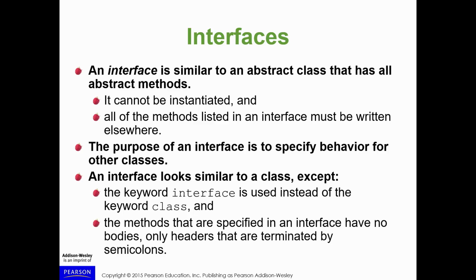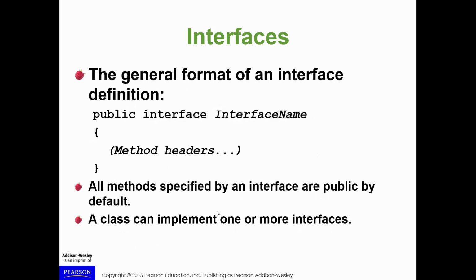Instead, you create an interface that you can implement. An interface looks similar to a class, but it uses the word interface instead of the word class. The methods that you put in your interface, again, have no bodies, only headers. So that looks a lot like what we saw earlier. So it's public interface and the name of the interface. That name has got to be what you save the Java file as, that interface name .java.